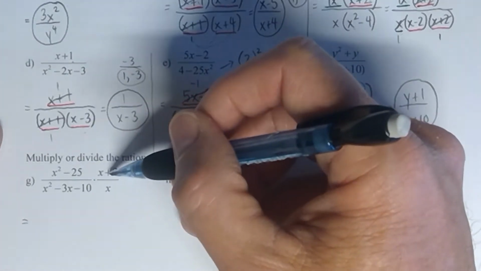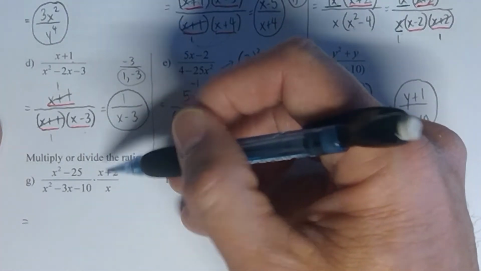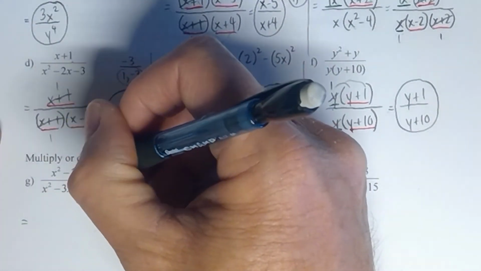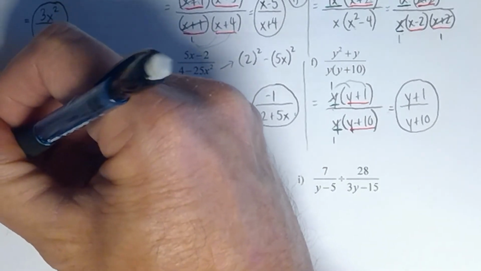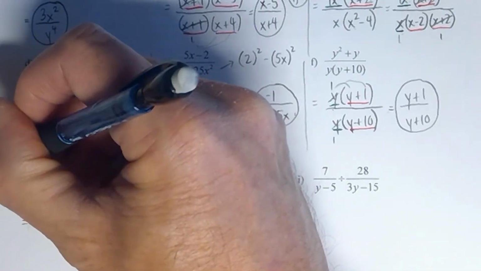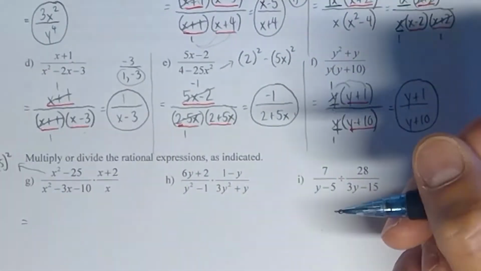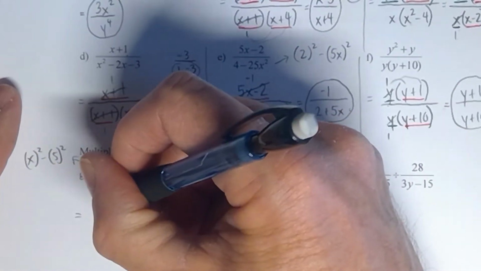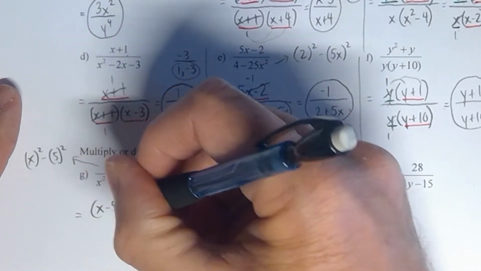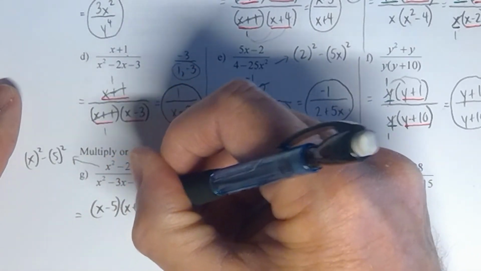But the other three we have to factor or try to factor. In x squared minus 25, that's going to be x squared minus 5 squared. It does fit into the a squared minus b squared formula. And so that's going to be x minus 5 and x plus 5.